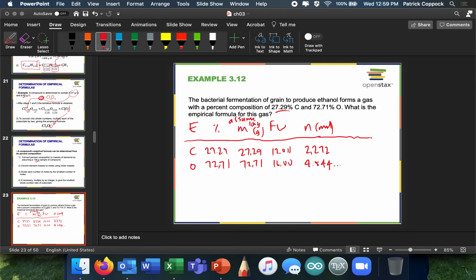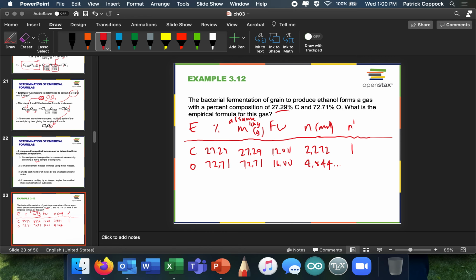Now, I divide everything by the lowest number. I'm going to call that n prime, just because I'm making up a new column here. Looks like the lowest number is 2.272. That divided by 2.272 is just going to be 1.